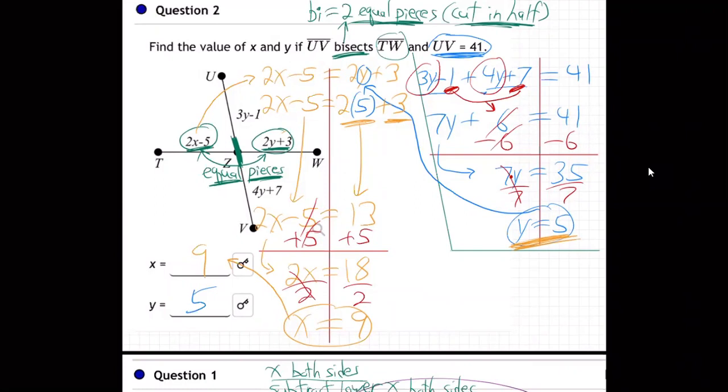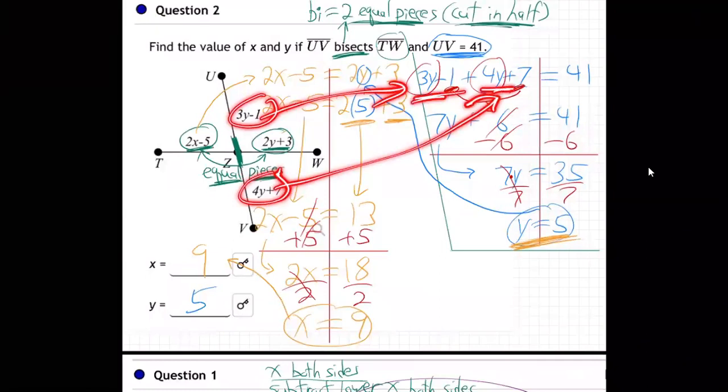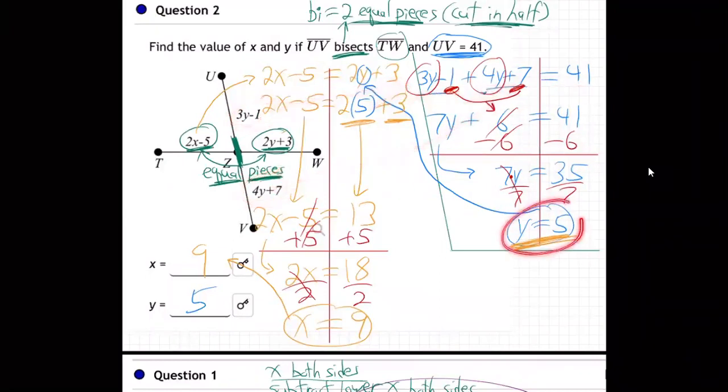So we did it in 2 parts. We started with UV is 41, which is this whole thing. So that was this piece plus this piece adds up to be 41. Solved for y. And then we took the other part about bisecting. UV bisects, cuts in half. So this and this are equal pieces because it cuts it in half.